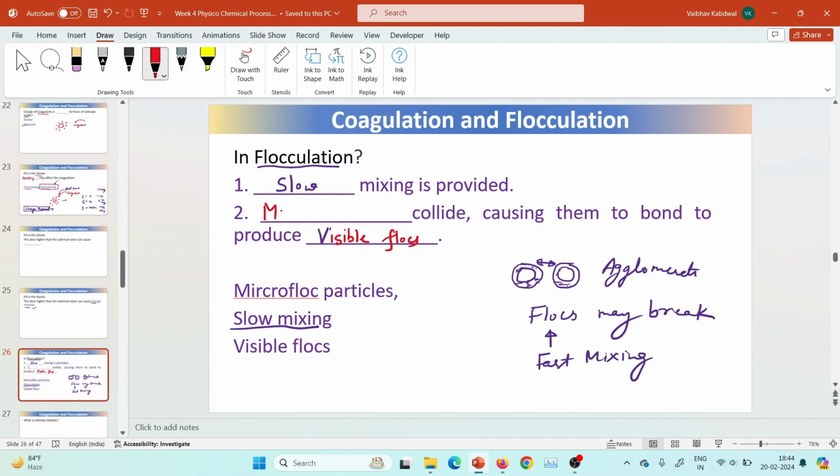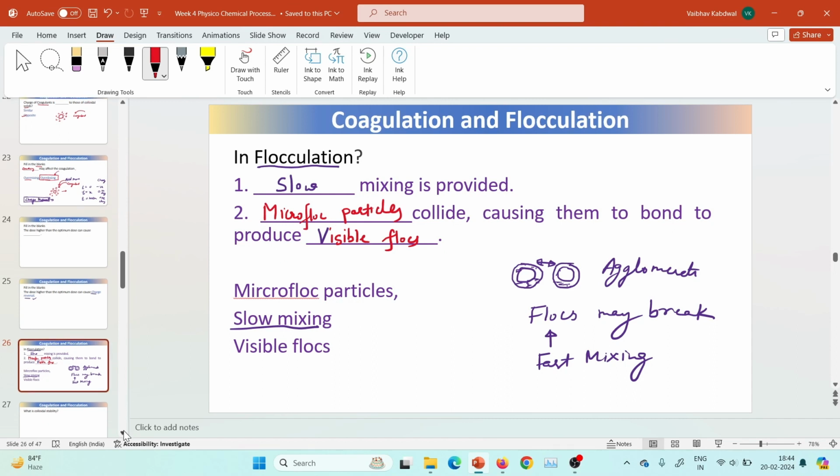So for this it will be microfloc particles. Microfloc particles collide causing them to bond to produce visible flocs.